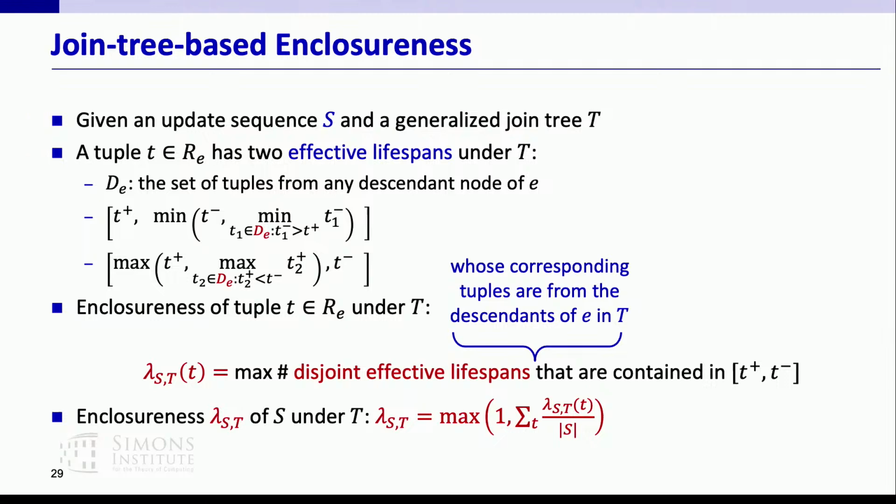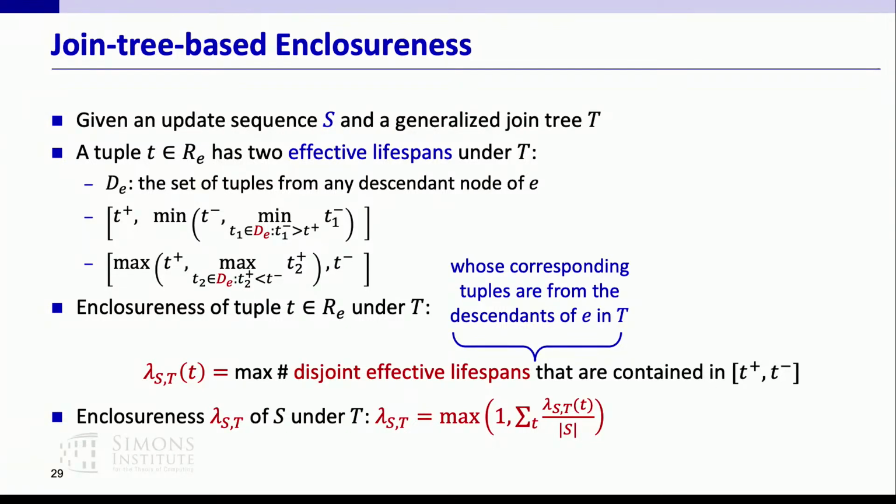But this is now dependent on a particular choice of a join tree. Yes, it depends, exactly. Can you compute this efficiently, or would you have to go over all possible join trees? So this definition depends on the join tree. If we choose one join tree, you will have the enclosure list of the update sequence.